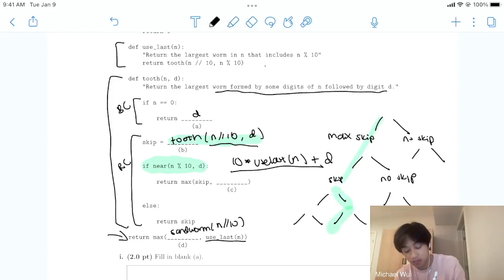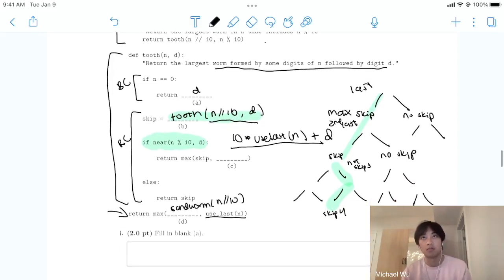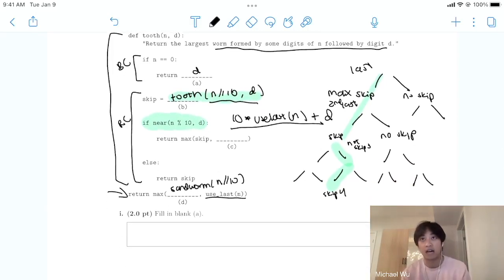Here, we're skipping the last digit. We're skipping the second to last digit. We're not skipping the third digit, not skip 3, and then we're skipping the fourth digit, right? This is just some arbitrary path that I've drawn out, but we're taking the max of all of these different paths with our recursion.